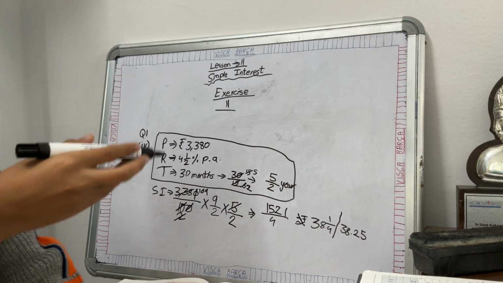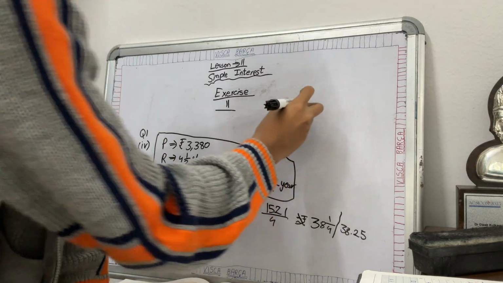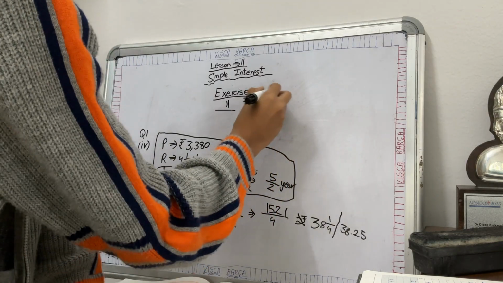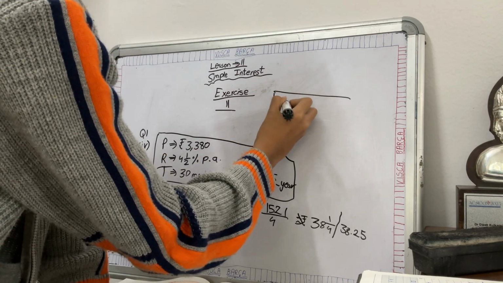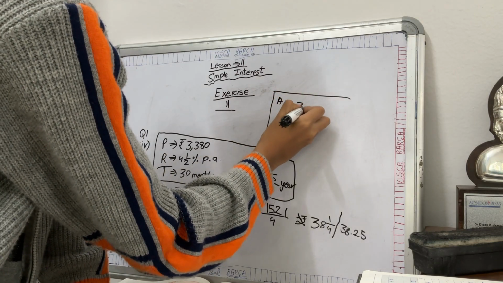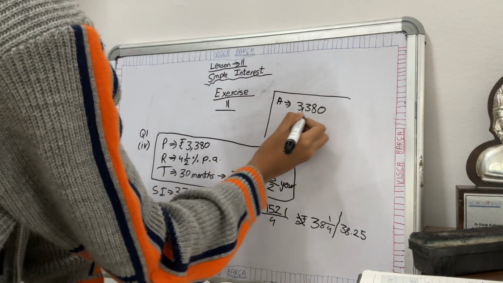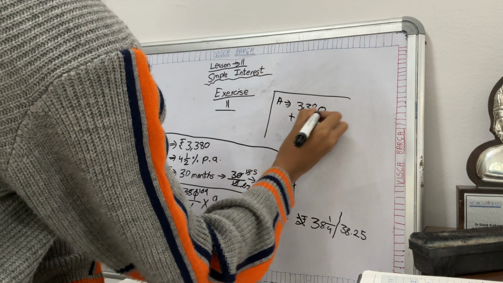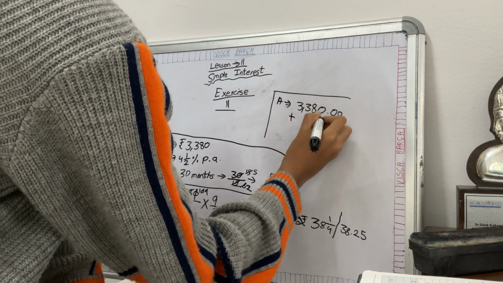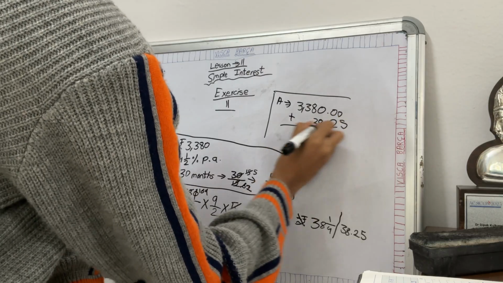Now we'll calculate the amount. So A is equal to 3380 plus 38.25.